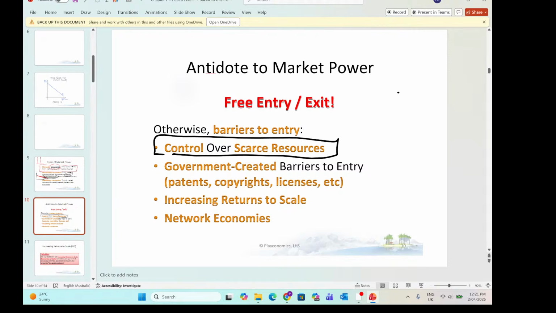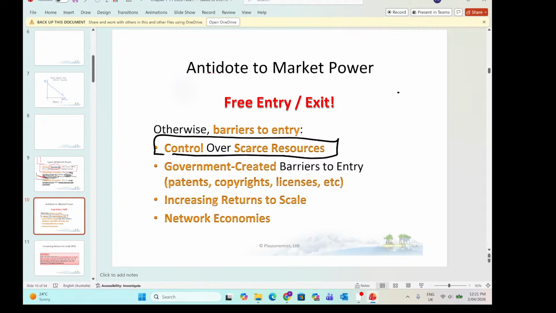If a firm has control over the scarce resources, that means it is the only firm that can really make the product. Without the resources, you can't make the product. So if a firm owns a key ingredient that goes into a specific product, then no other firm can make that product unless the monopoly sells them the resource. So that gives them a lot of control.